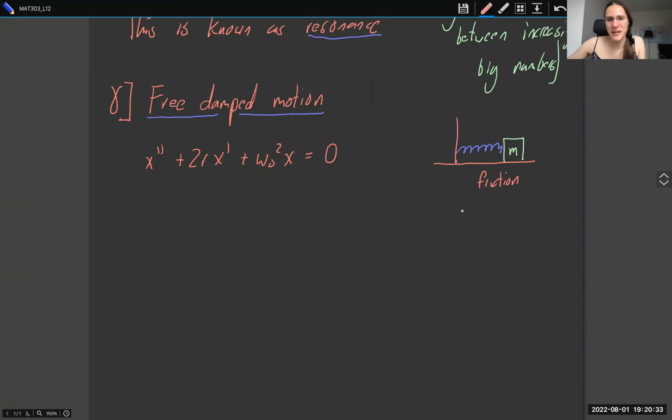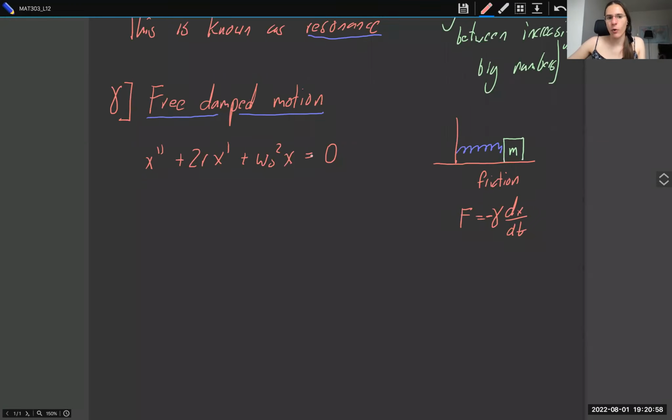So friction F is, let's say, gamma times dx/dt, and it's going to oppose the motion. And so what that would do is introduce this term, which is negative if we imagine gamma as being positive.